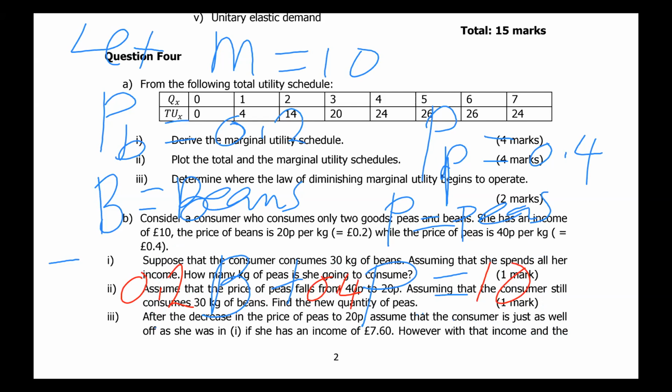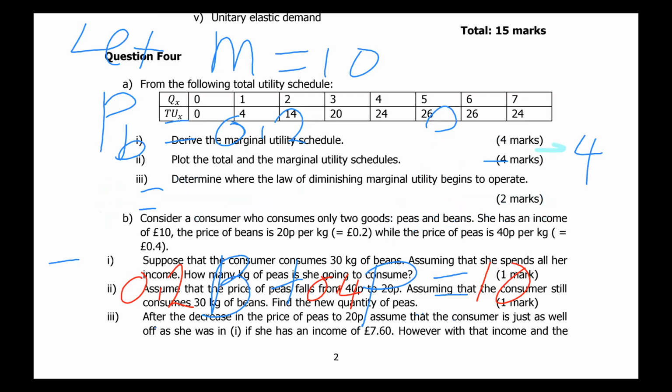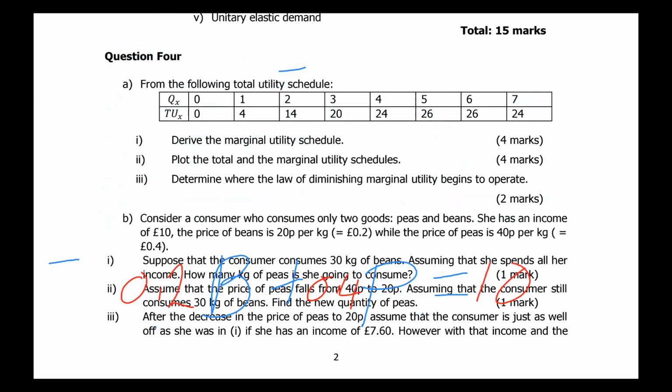So given this equation now, we have to make an assumption that the consumer consumes 30 kgs. So where there is B, the quantity of beans, it's 30. So we say 0.2 times 30, right?